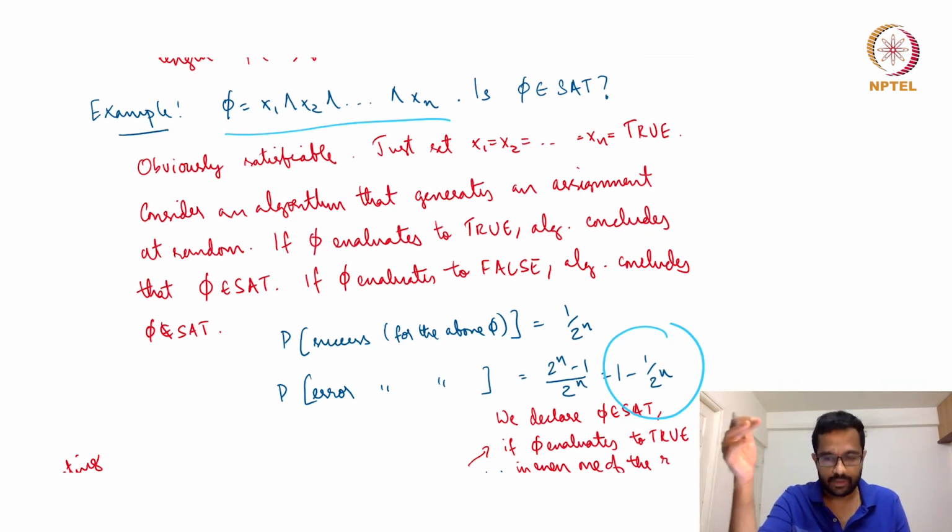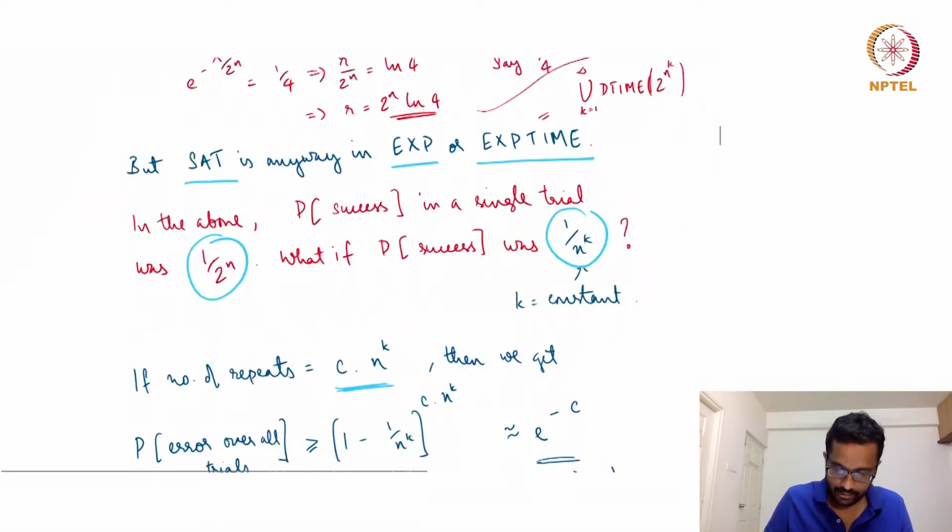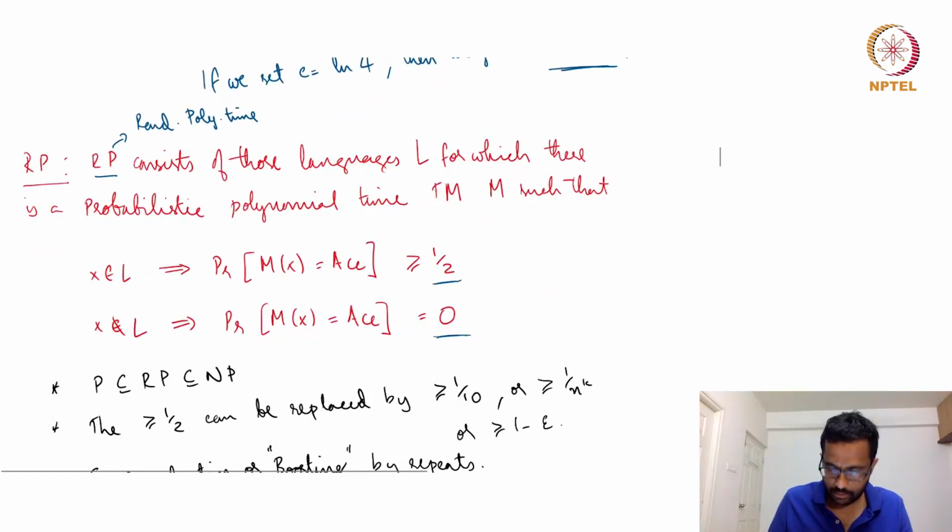So there is no false positive, it only has false negatives. And this definition is also saying the same thing. Whenever x is in the language, it is accepted with a probability of at least half. Whenever x is not in the language, it is never accepted. So this is the definition of the complexity class RP.